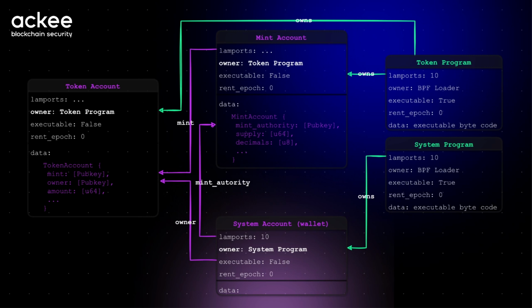If you mint to your friend, then the owner is going to be your friend's wallet. And the amount is, in this case, 1000. And that's the idea of token accounts or tokens on Solana. So once again, you need to have the mint account and you need to have the token account.